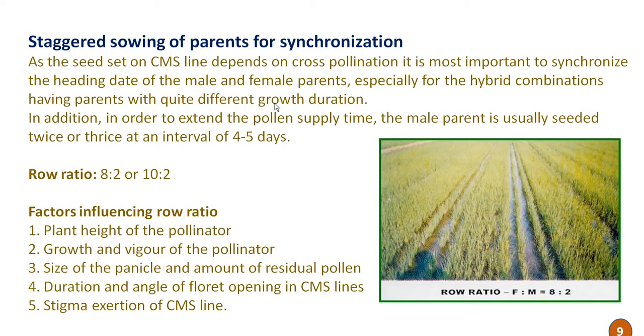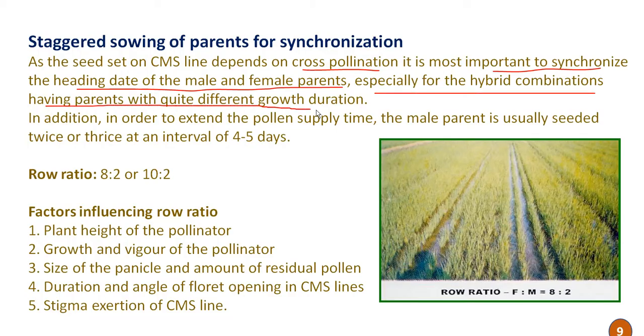As the seed set on the cytoplasmic male sterile line depends on cross pollination, it is most important to synchronize the heading date of the male and female parents, especially for hybrid combinations having parents with quite different growth duration. So there is a requirement of synchronization in the flowering dates of the male and female parents.